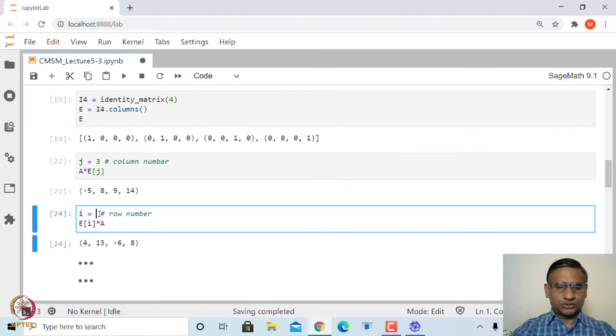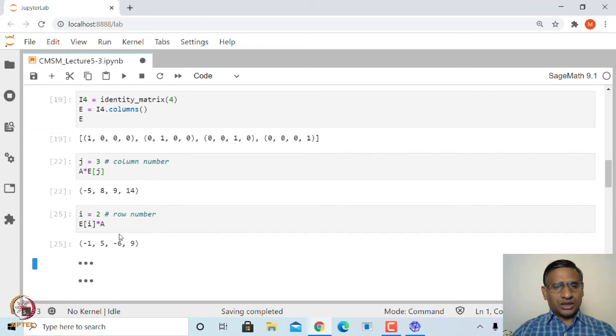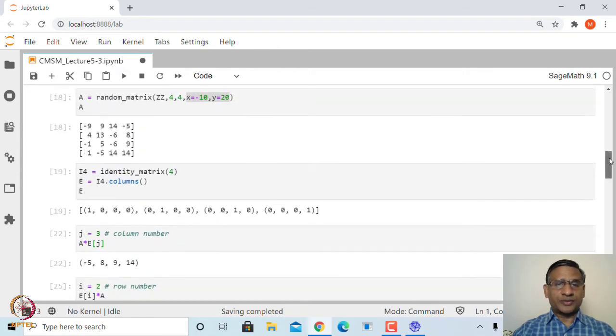If I take i equal to 2, it will give me the third row, and so on. So we can write any row and any column by multiplying Ei with A on the left or on the right. When you multiply on the left, it will give you rows. When you multiply on the right, it will give you columns.